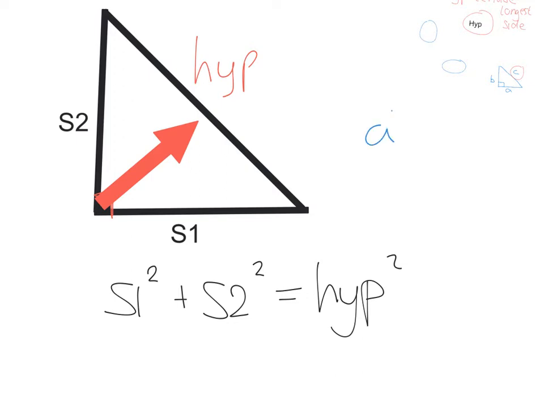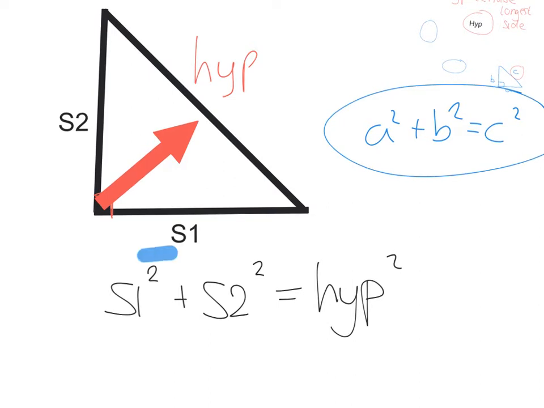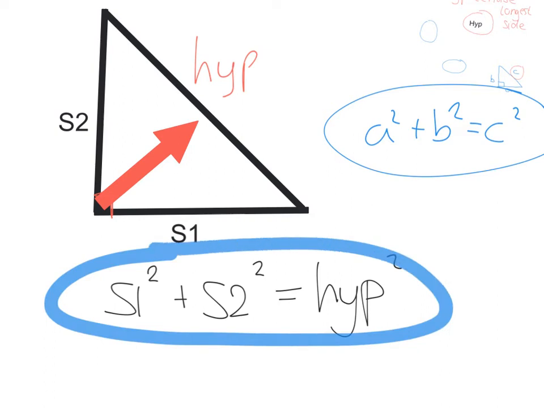Or alternatively, you may know this as a squared plus b squared equals c squared. But again, I'm going to be sticking with the side 1 squared plus side 2 squared equals hypotenuse squared. What that means is the sum of the squares of the smaller two sides equals the square of the longest side. And it's very, very easy to use.